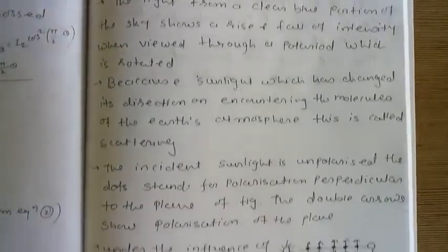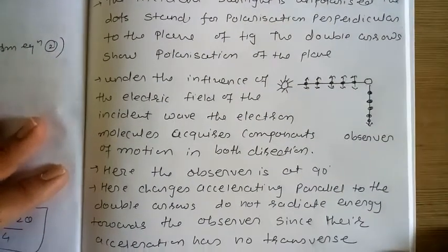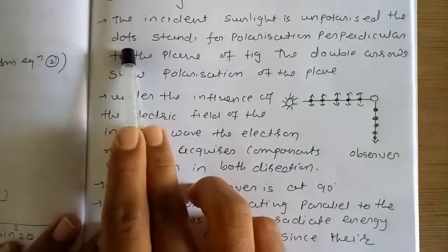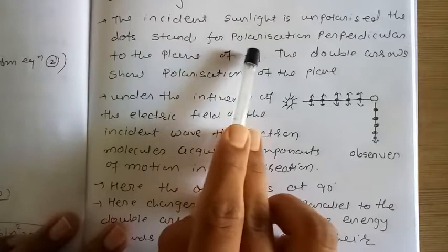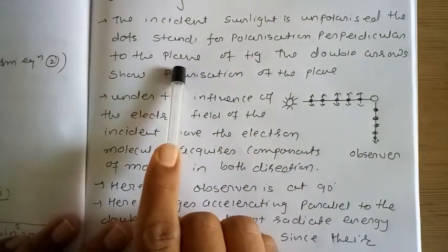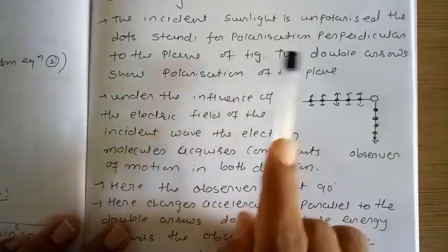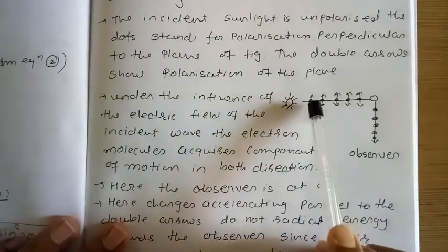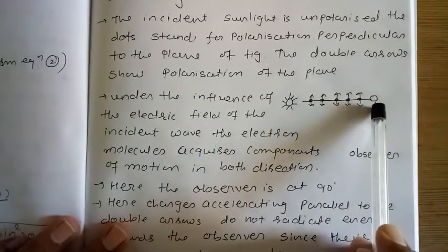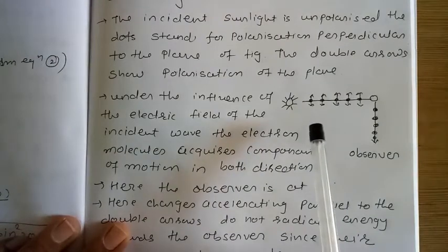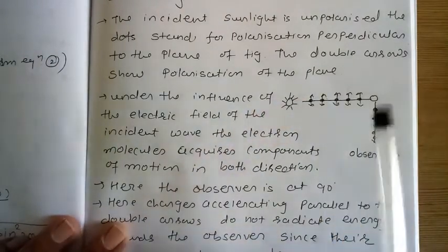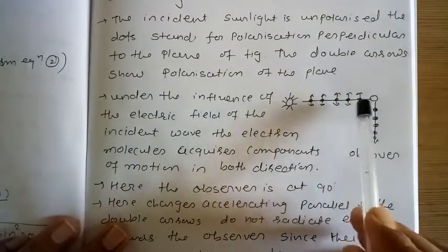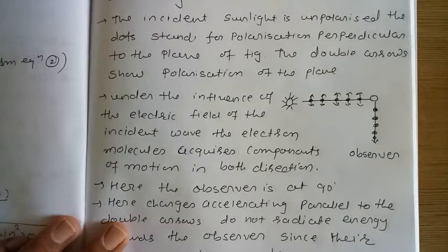So the incident sunlight is unpolarized. The dot stands for polarization perpendicular to the plane, and the double arrow shows the polarization in the plane. Here you can see in this figure, the dots represent the polarization perpendicular to the plane, and the double arrows show the polarization in the plane.